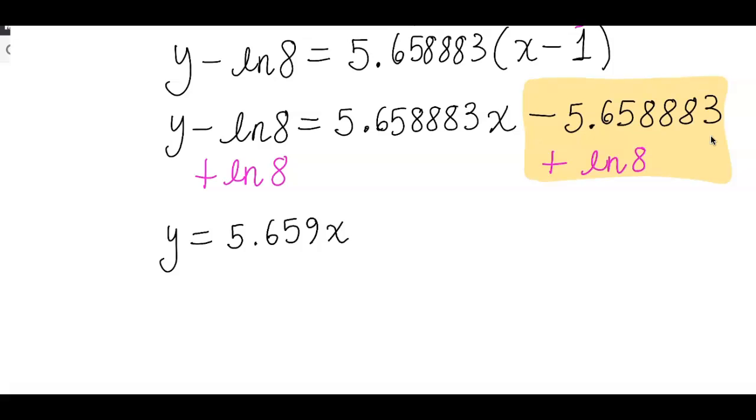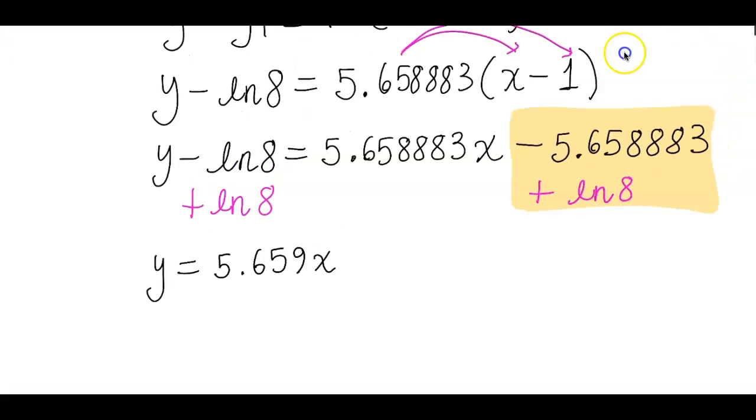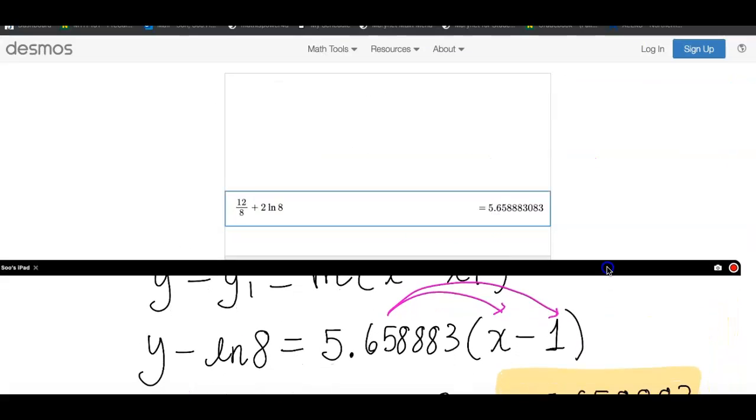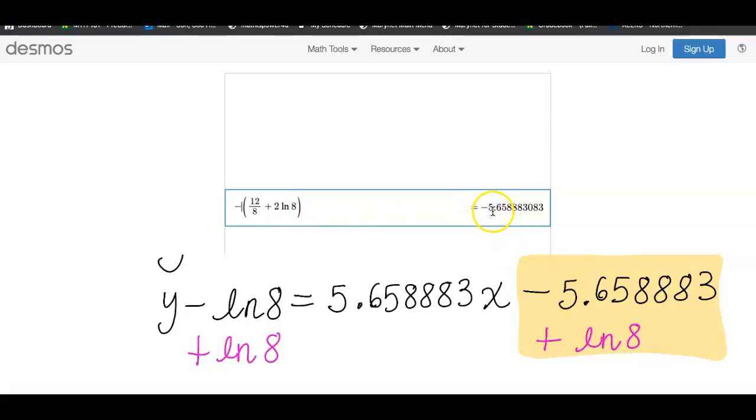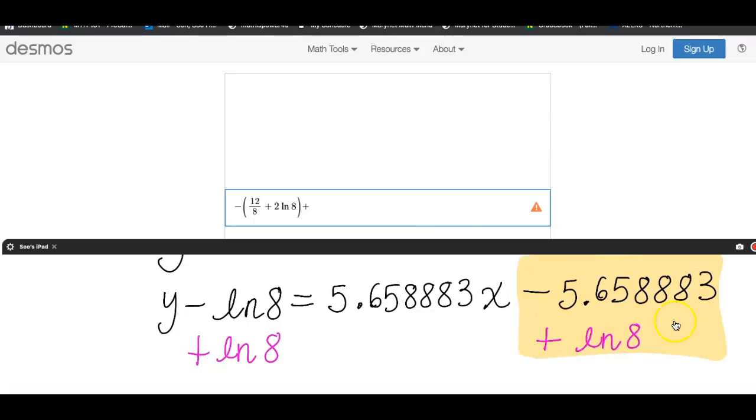Okay? Well, hold on. Hey, I think I remember. I have the original form of this here. Okay, so I'm gonna type in the negative of it, the negative 5.65883, and then I'll add natural log of 8 here.